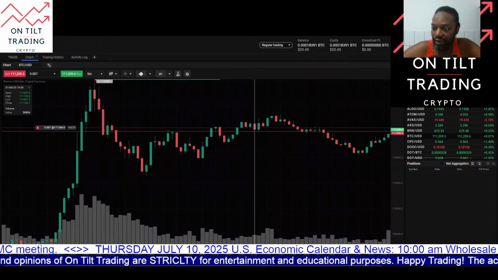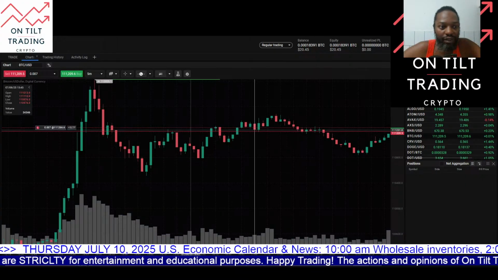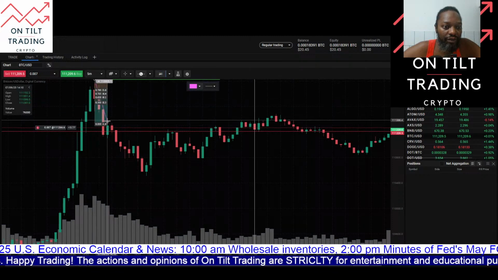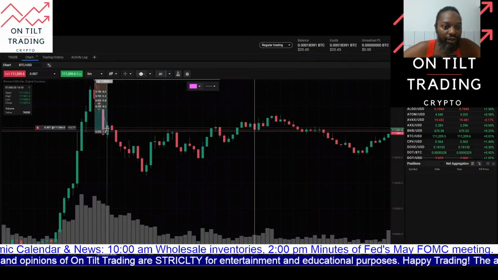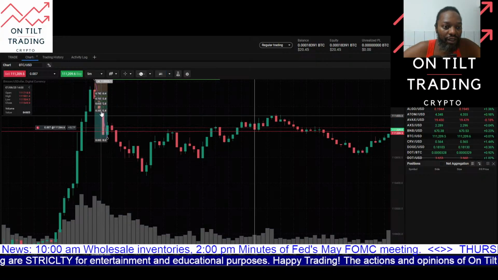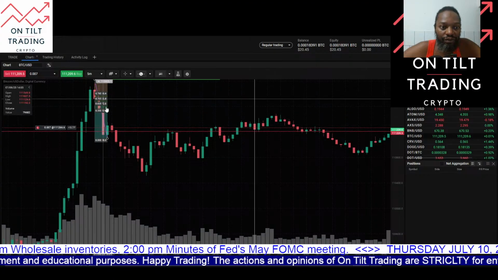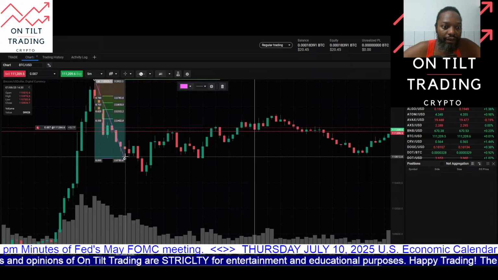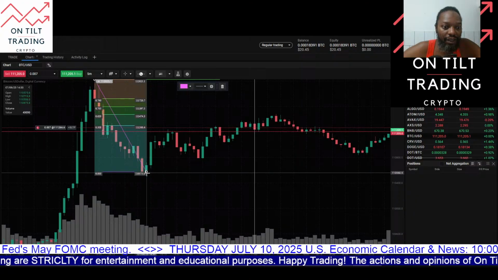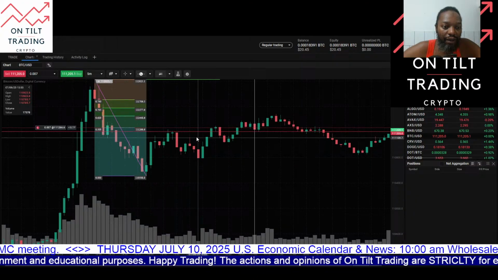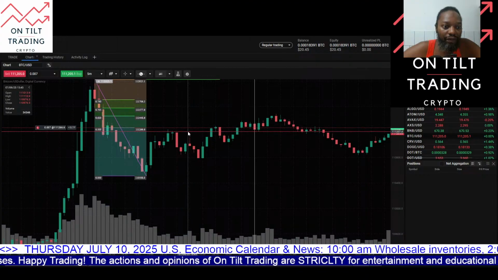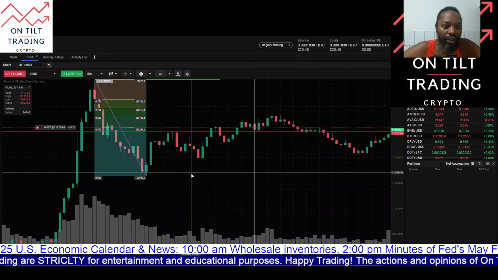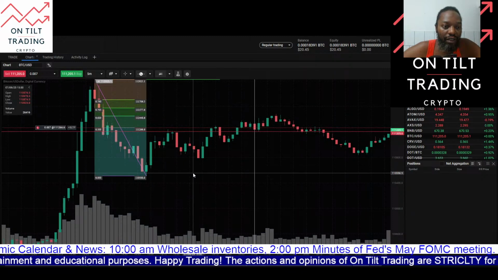So what I've done here is tracking every market structure shift from the swing high. This is the swing high that causes this market structure shift, and then I trail this market structure shift with the Fibonacci tool until price retraces either from equilibrium to the optimal trade entry, or down here near the zero.